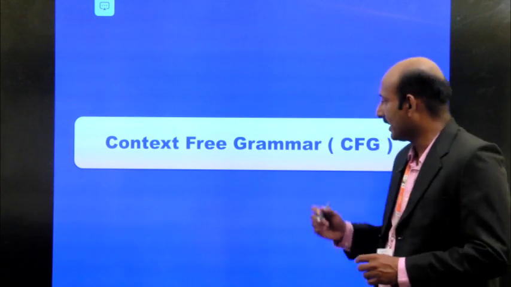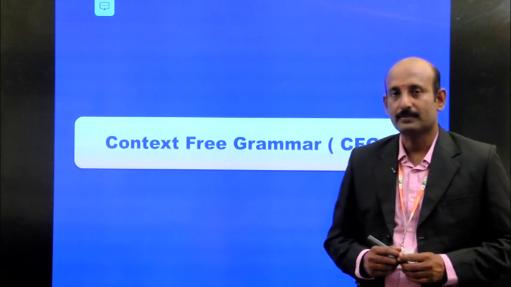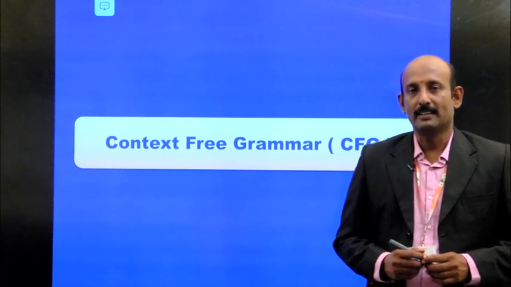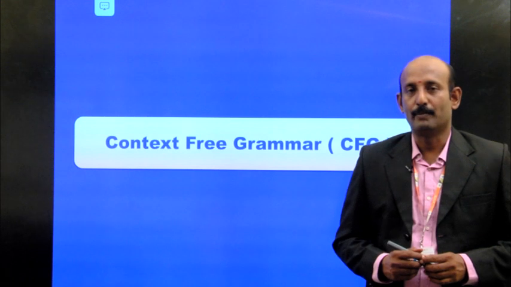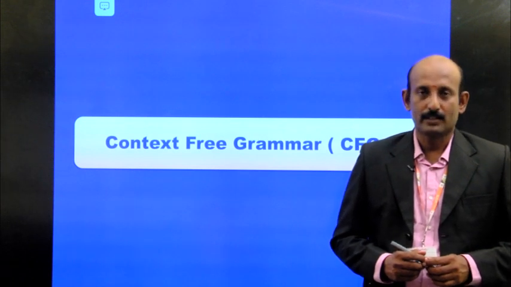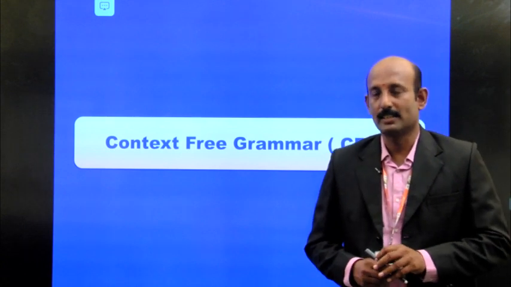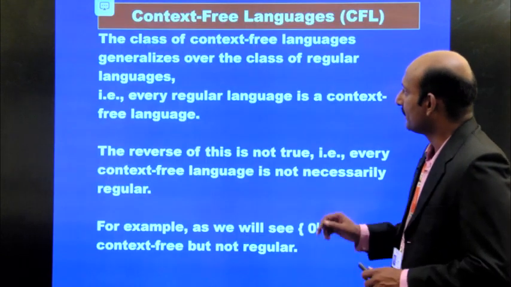Whereas context free grammar, a type 2 grammar, is recognized by the push down automata. We are going to see more detail about this context free grammar.